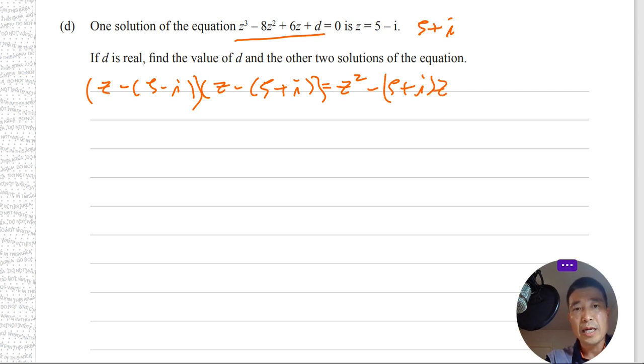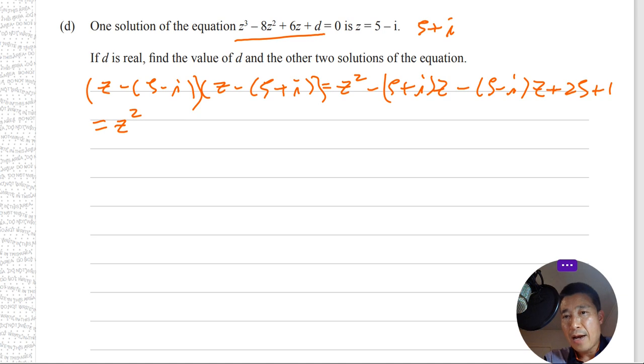And then that one times that, so inner, which is minus 5 minus i, z, and finally minus 5 minus i times minus 5 plus i, which is just 5 minus i times 5 plus i, which is 5 squared, 25, plus 1, isn't it? Hence, this is z squared.